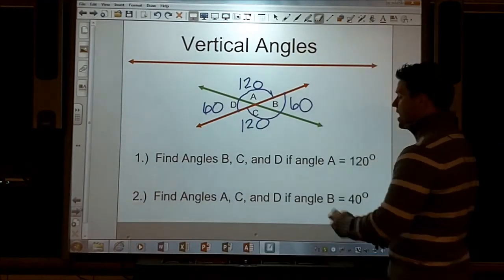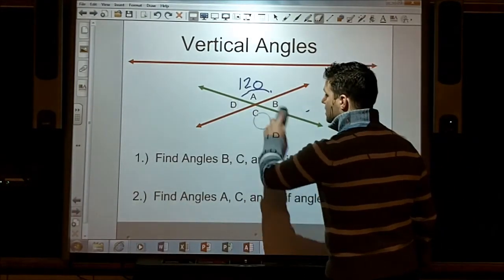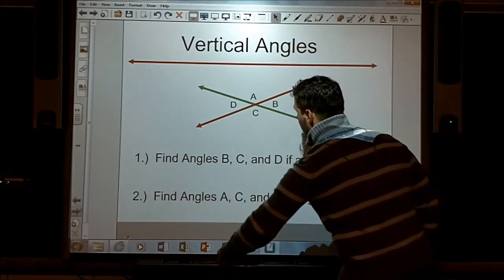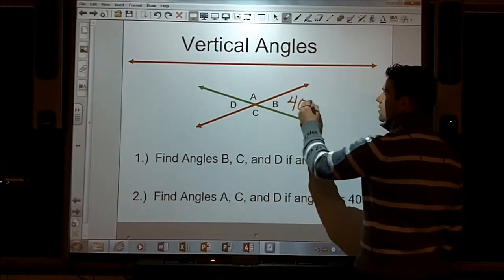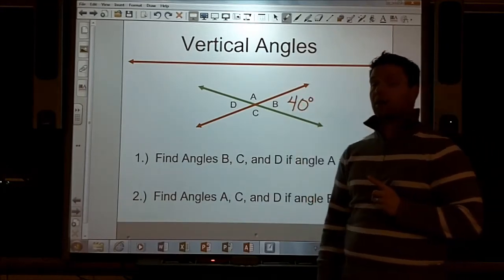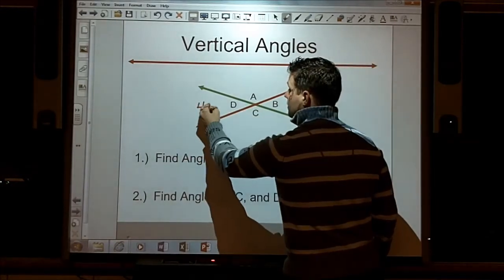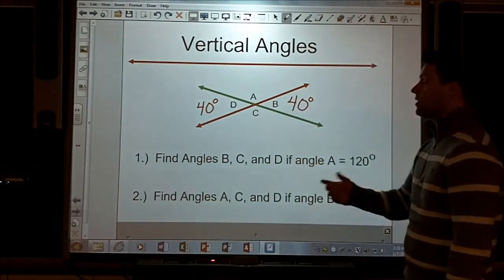Find angles A, C, and D if angle B is 40. Okay, well, if I put 40 in here, I immediately know its vertical pair must also be 40. So if I jump across, D must be 40. Okay, well, let's think.